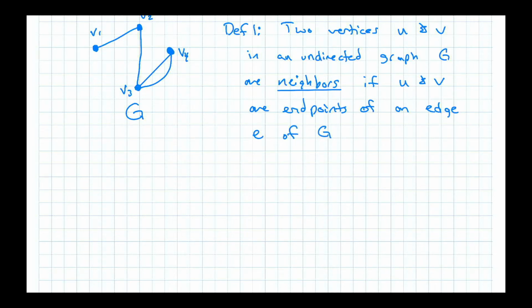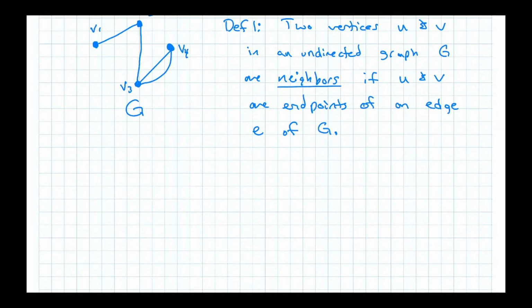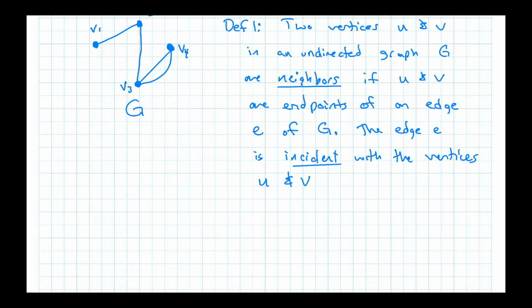So it's a very simple definition. There's one more thing we want there, which is that the edge E is incident with the vertices U and V. So what are neighbors and what is incident?